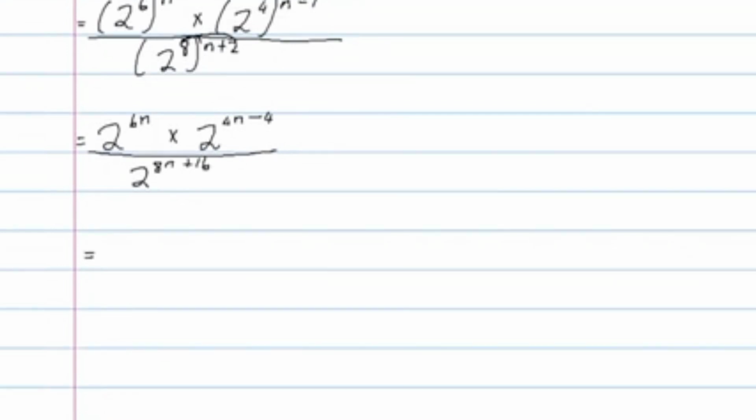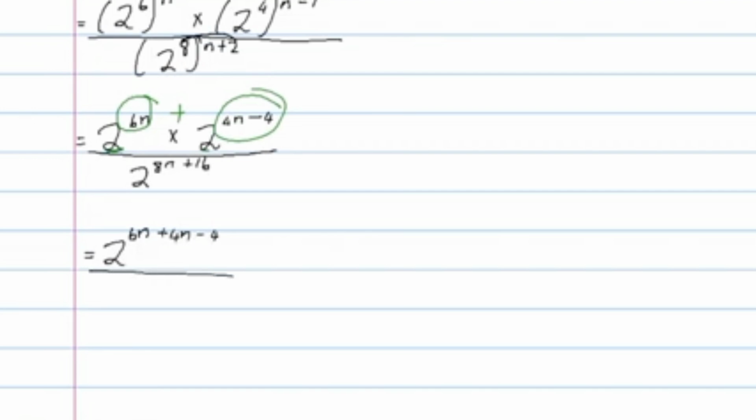And then what do you do when you're multiplying the numbers with the same base? You take one base and then you add the exponents. That's what you do from our first law. You take one base and then 6n plus 4n minus 4.